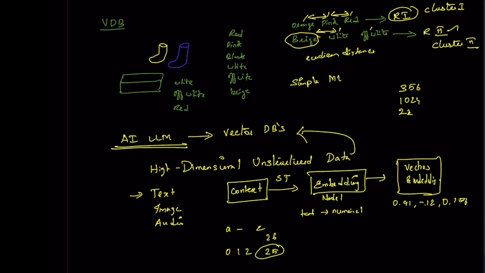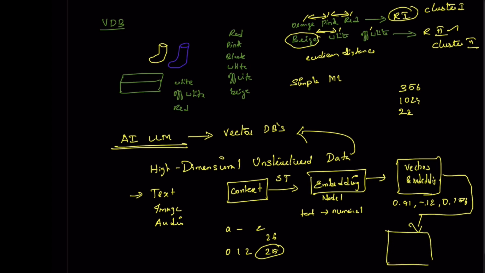Likewise, you will have a vector score for every row of data or every set of data that you're feeding it. It may be row-wise or page-wise, anything as per your preference. And then we are storing these things into a vector DB.